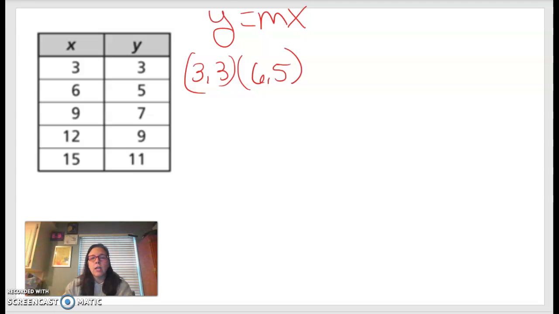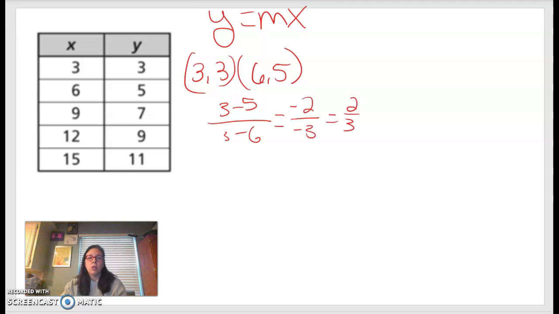The y's would be 3 and 5, so 3 minus 5 over 3 minus 6. So we have 3 minus 5 is -2 over -3. So our slope is 2/3.